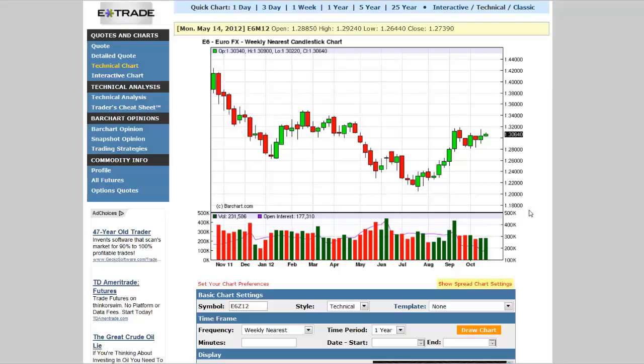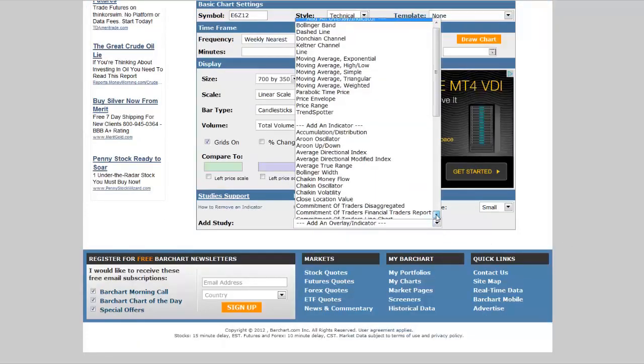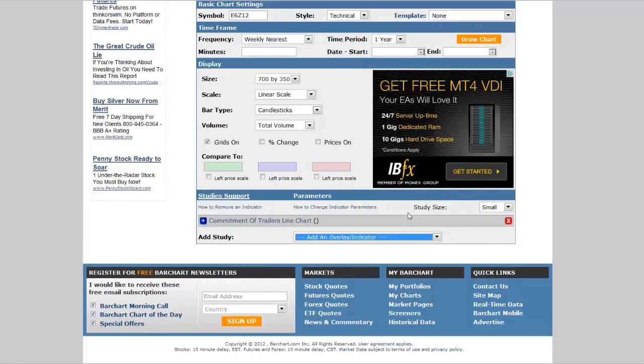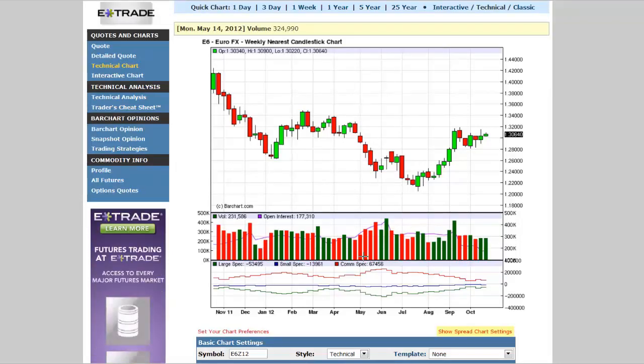Now let's add the commercials by COT, the Commitment of Traders line chart. Add that. Click draw. And you can see here we had open interest increasing, while we also saw the commercials in this case actually adding a little bit of their net longs in here.